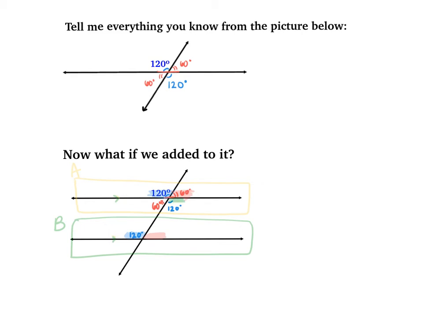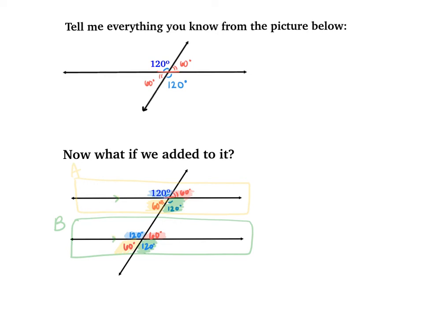This bottom right here would match up with this bottom right. And then the bottom left here would match up with this bottom left angle here. And so that tells me what each of those angle measures would be. This would be 60, this would be 60, and that would be those 120 degrees.